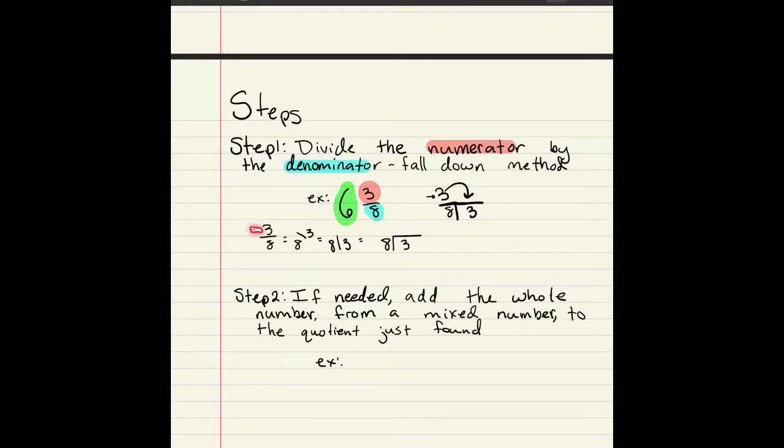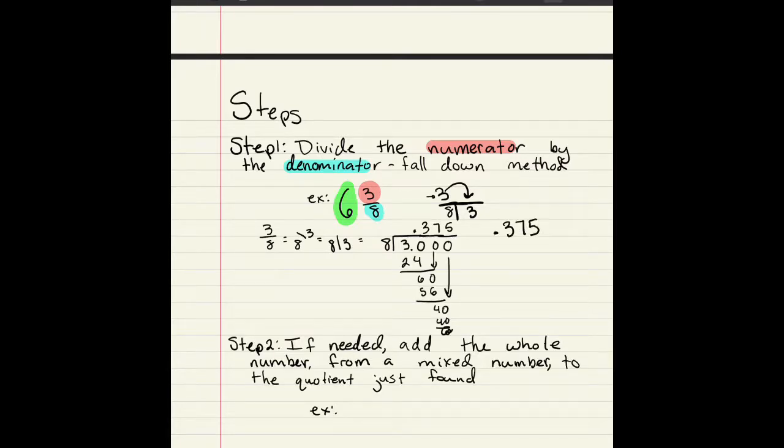So I just imagine a little person pushing the numerator over, and then it falls down to go under our division symbol. And then you divide. So you do the division. So we're left with 0.375.